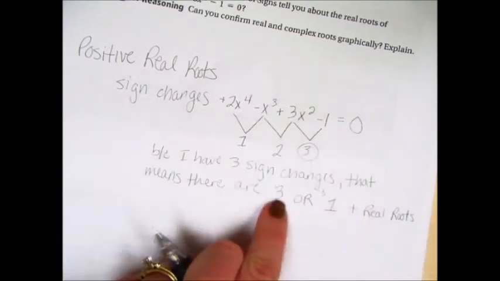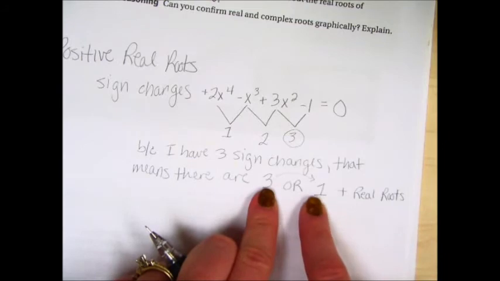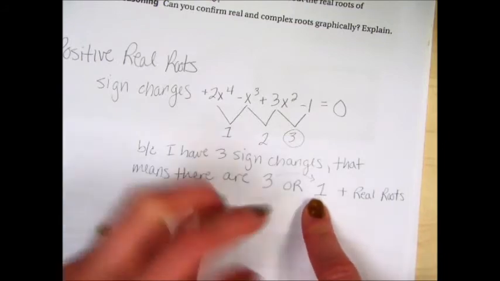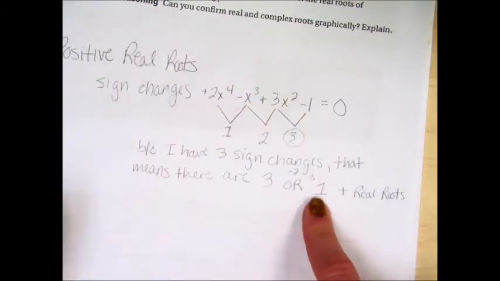So you count your sign changes and then you back off 2 until you can't back off anymore. So we can't back off 2 because we'd be in the negative. So you have to remember to take away 2.